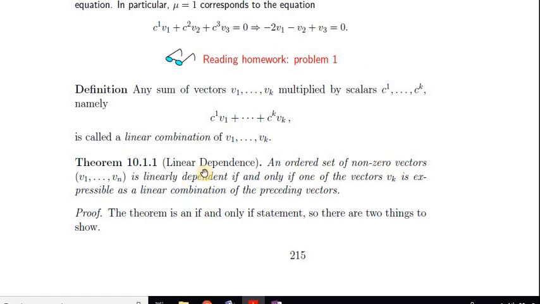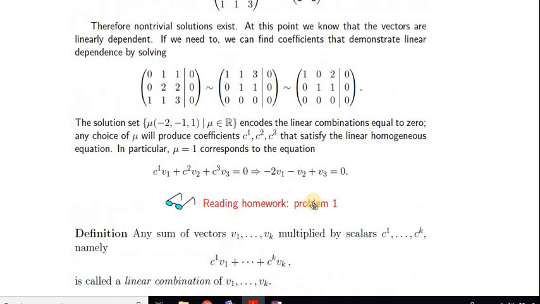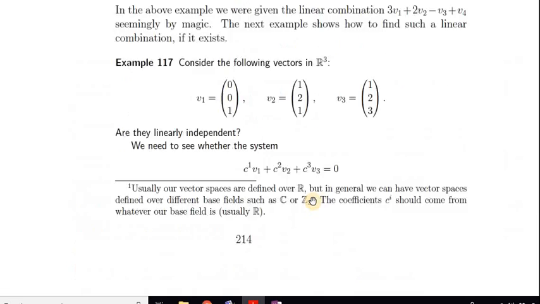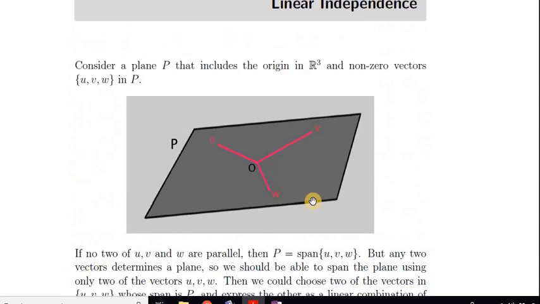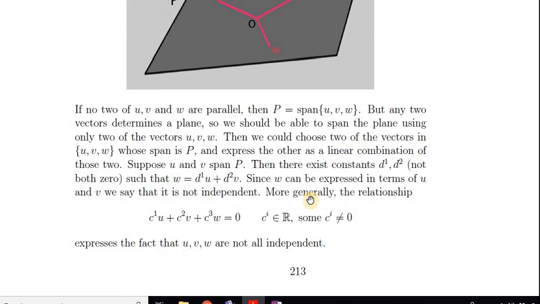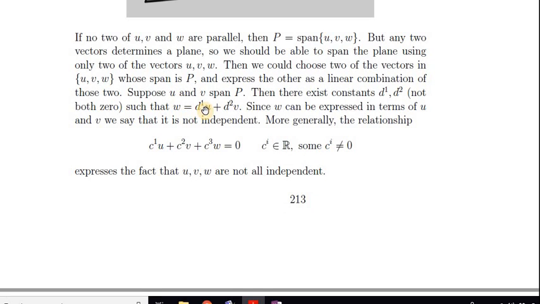An ordered set of non-zero vectors is linearly dependent if and only if one of the vectors is expressible as a linear combination of the preceding vectors. This is kind of what I referred to up here, that in this case you had w equal to d1u plus d2v, and this can be reduced to this form.